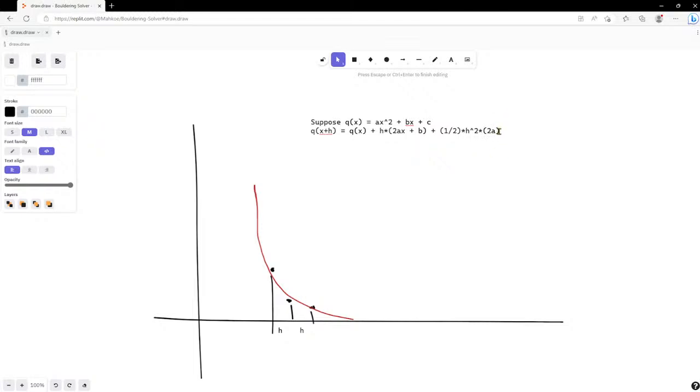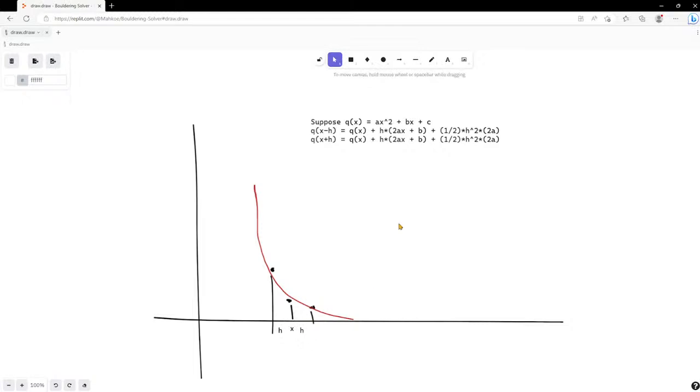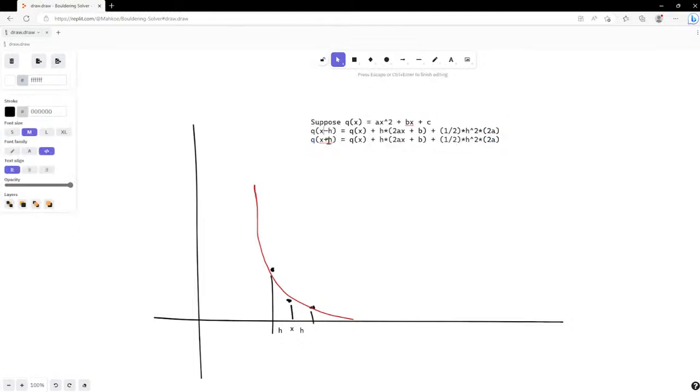And then what we can do is q of x minus h. So this is our x, well, maybe x0.